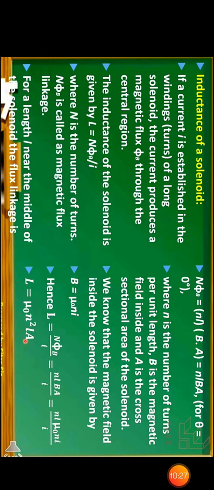Here n is the number of turns per unit length, B is the magnetic field inside the solenoid, and A is the cross-sectional area of the solenoid.